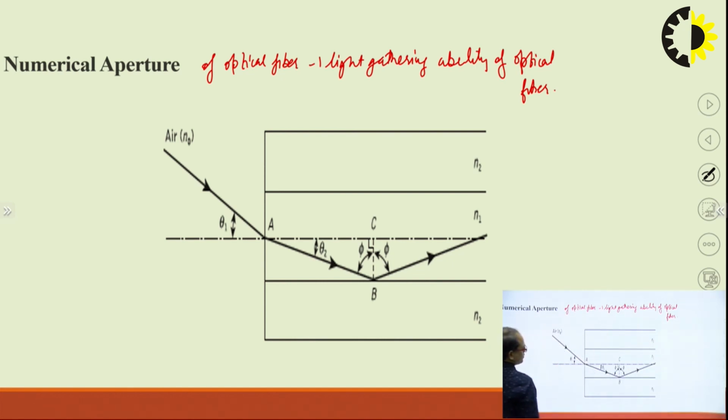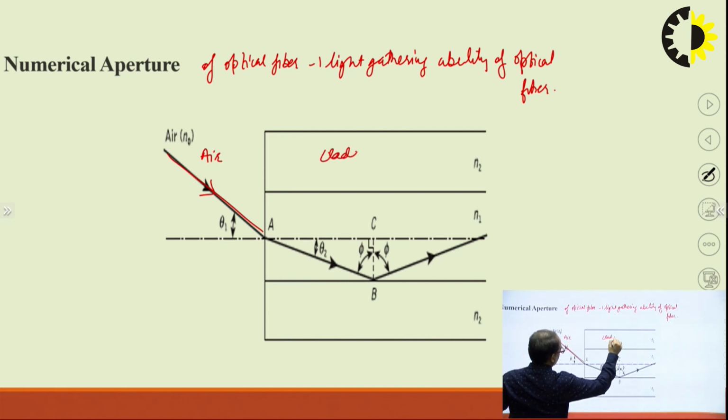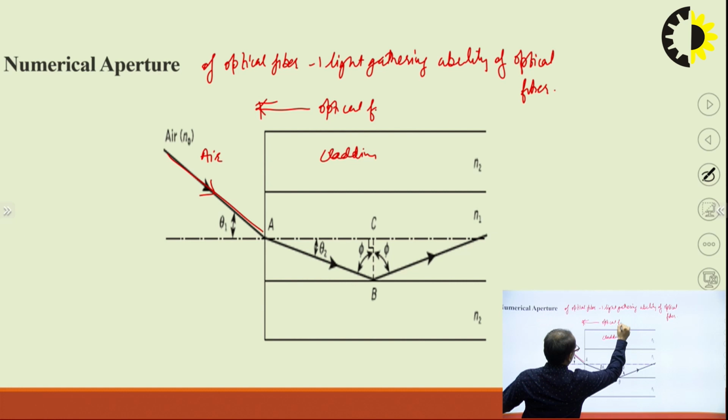Now, same as when we discussed the acceptance angle, say this is air, and this is the cladding, and this one is the optical fiber cable, the cladding, and this one is the core.